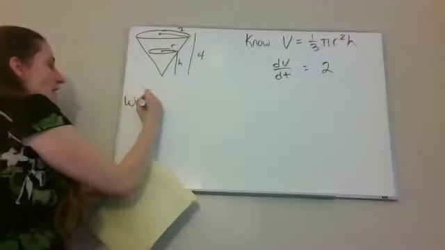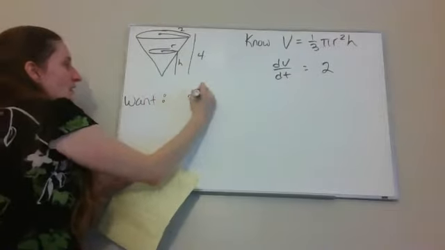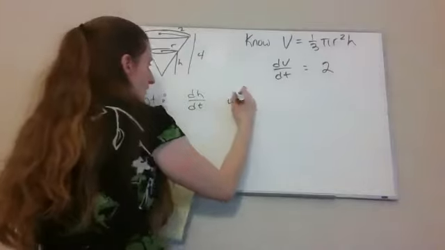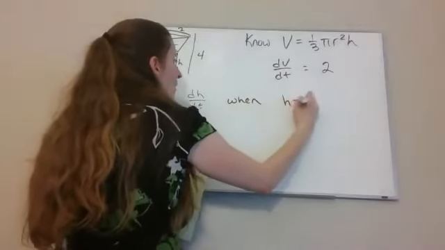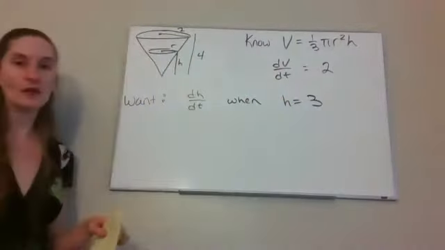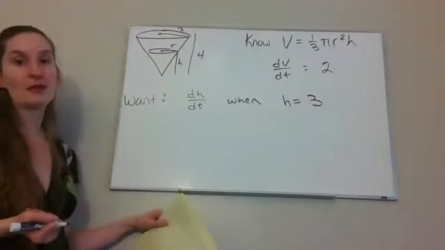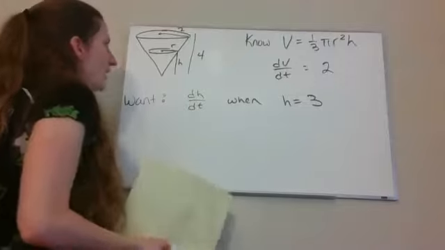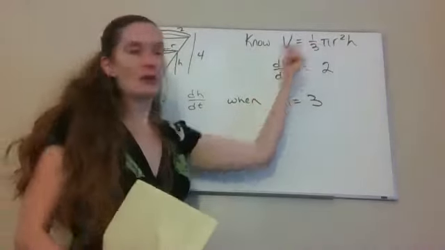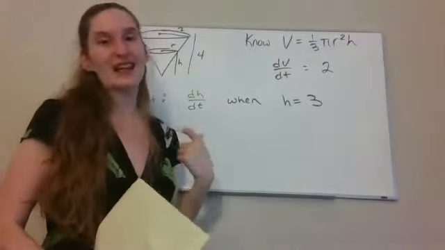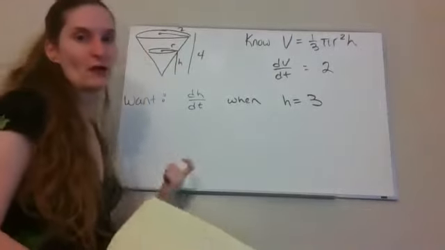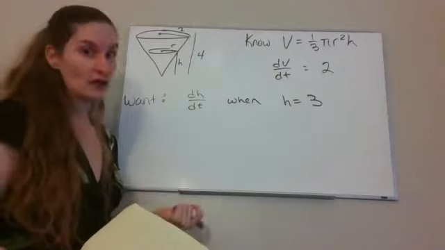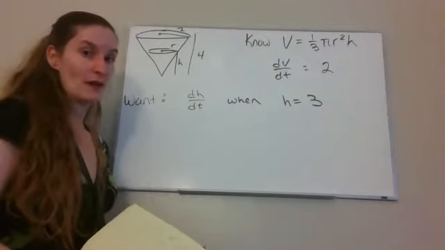What I want is dh/dt, how fast the height is changing, when the height of the water is 3 meters, because it said the water was 3 meters deep. The only problem with this situation right now is that this volume equation involves our radius and our height, and I have 0 information about the radius, r, or dr/dt, so I would be in trouble here doing this.